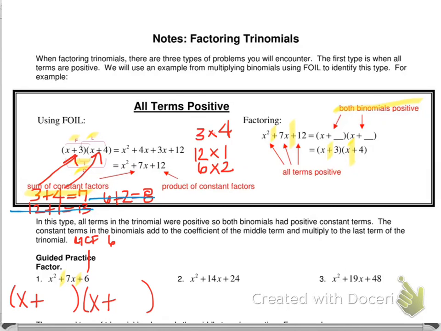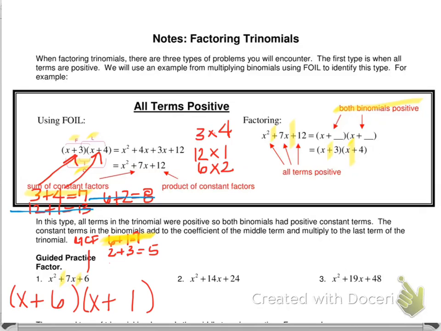What are the factors of 6? 6 times 1, 2 times 3, and that's pretty much it. What can I add together to get 7? Well, 6 plus 1 is 7, and 2 plus 3 is 5. So obviously the one I'm looking for is 6 plus 1, and those are my terms inside of my parentheses. It's pretty simple, guys, and you'll get better at this the more you practice it.